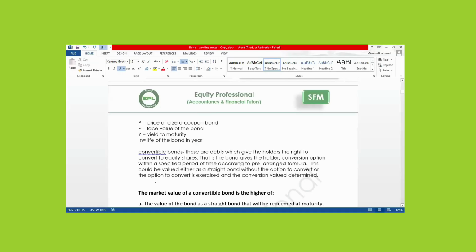Convertible bond. These are debt instruments that give the debt holder the right, but not the obligation, to convert the debt instruments into equity.